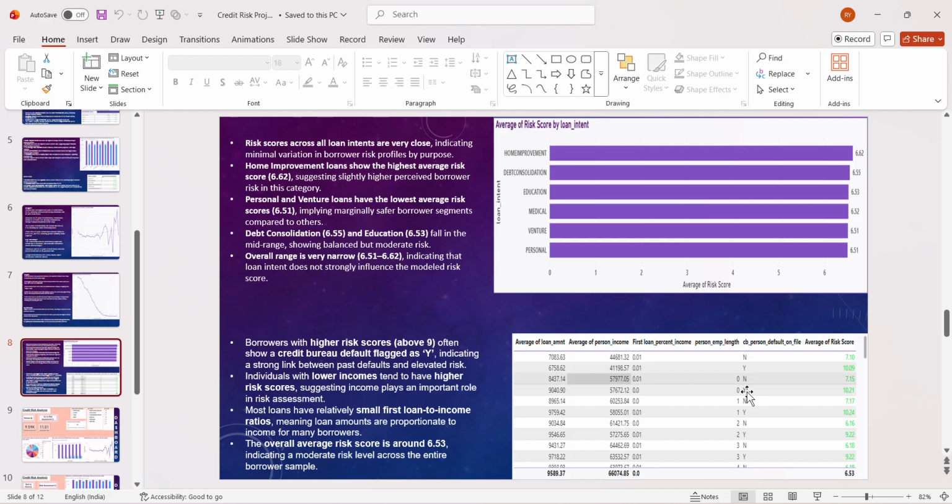Most loans have a relatively small loan to income ratio, meaning loan amounts are proportionate to income for many borrowers. The overall average risk score is around 6.53, indicating a moderate risk level across the entire borrower sample, which means we can approve the loan and easily decide the loan amount and the interest rate as well. The risk score gives a quick, data backed idea of how likely someone will default or not.